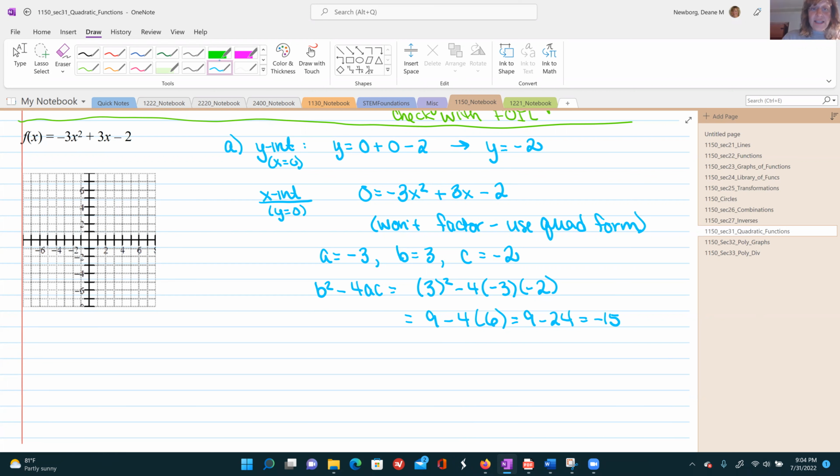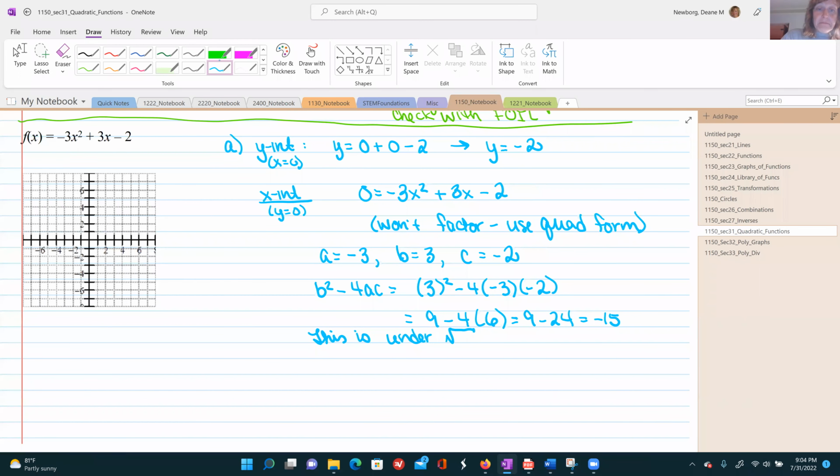But this is under the square root. And if we take the square root of a negative number, we don't get a real answer, and everything on the x-axis is a real number.